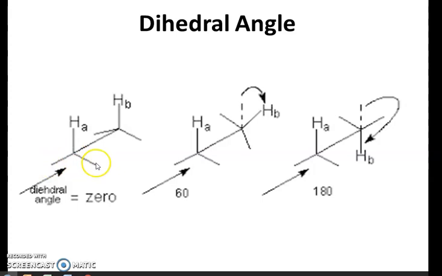For convenience, only one hydrogen is shown on each: HA, one of the three hydrogens on the front carbon, and HB, one hydrogen from the back carbon. This is the Sawhorse representation.